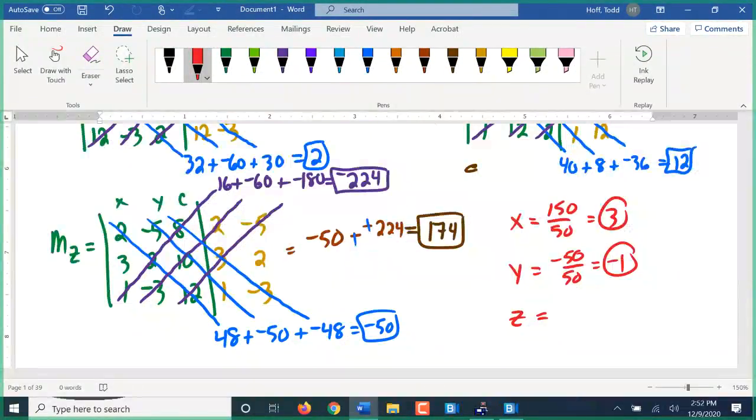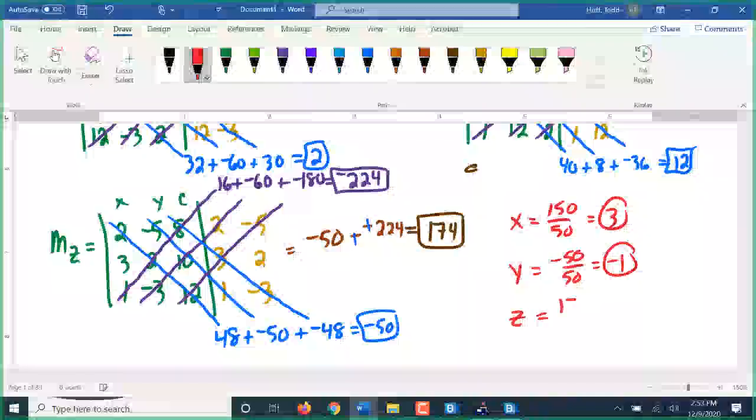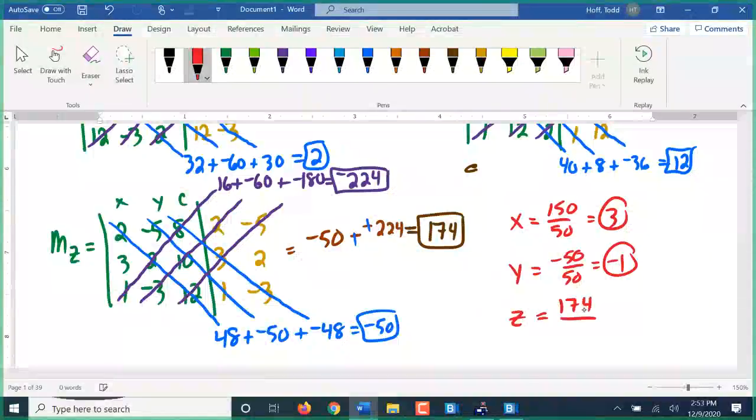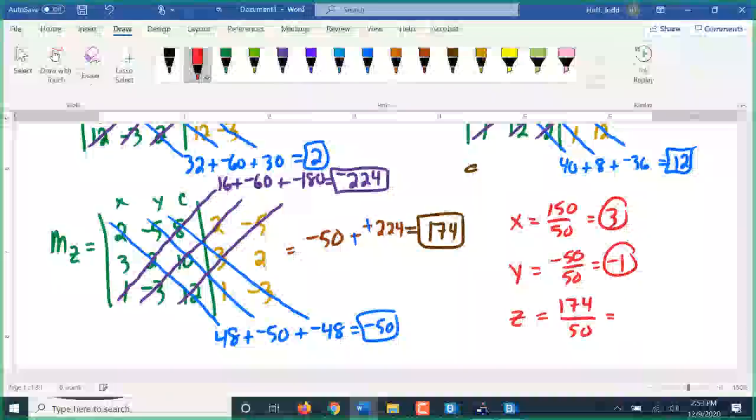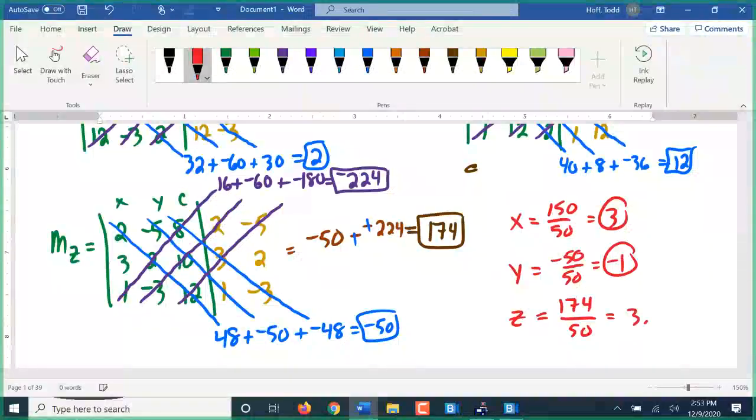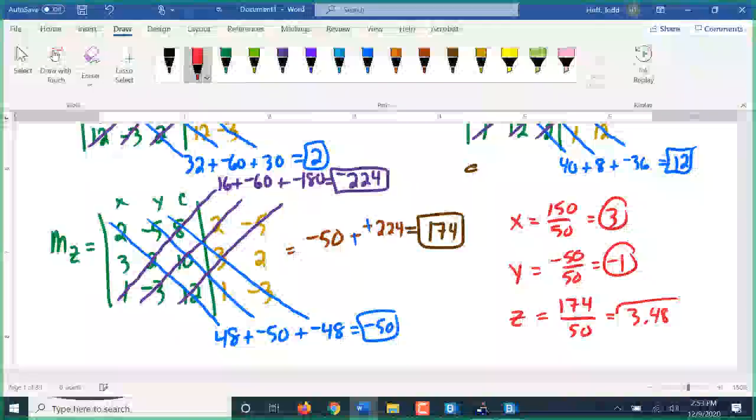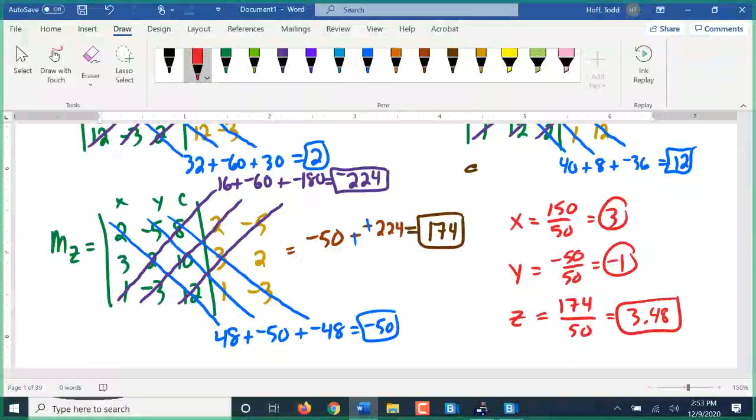Okay, well, that's the way it's coming out. Just seems weird. 174 divided by 50 is going to give us 3.48. That's Z. That's what we're coming up with.